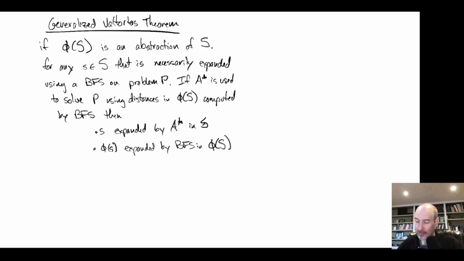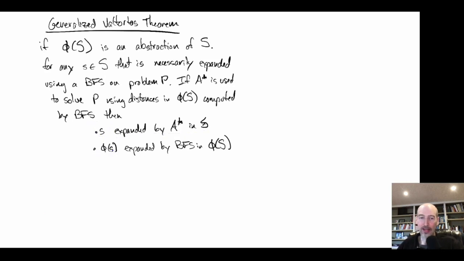Okay, and so the key idea here is that in our abstraction, we might abstract many, many states together. And therefore, I expand one state and potentially avoid expanding many states in my actual state space.